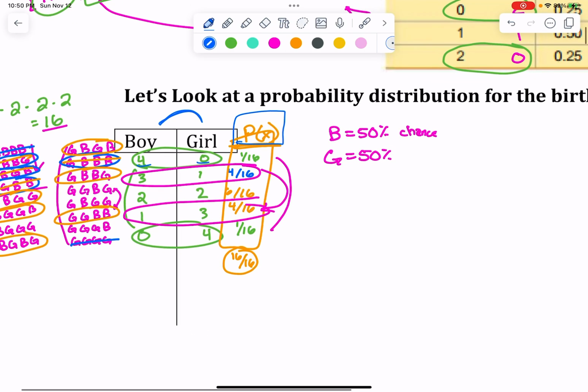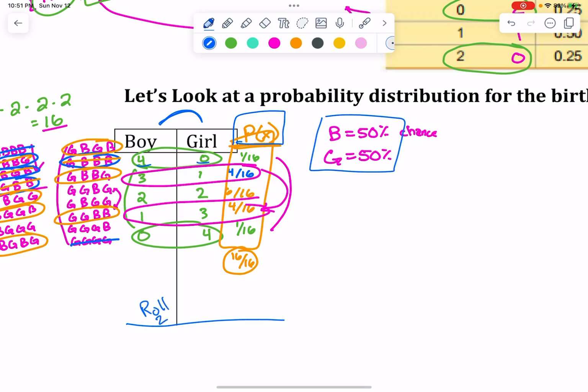Okay, for this table we were looking at a 50-50 chance, boy and girl, but as we move on we will get to things that are not a 50-50 chance. Like the chances of rolling a 2. So you could have a probability table that's rolling a 2 versus not rolling a 2.